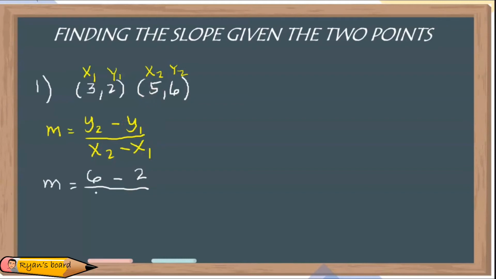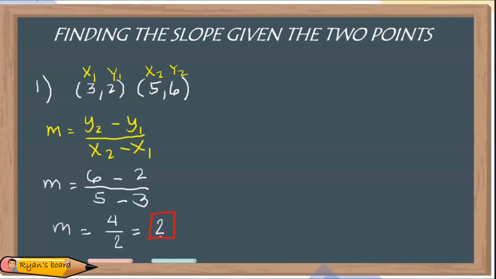So, write 5 minus, what is x sub 1? That's 3. Okay? So, now, what is 6 minus 2? That's 4. What is 5 minus 3? That's 2. What is 4 divided by 2? That is 2. So, our slope is positive 2.